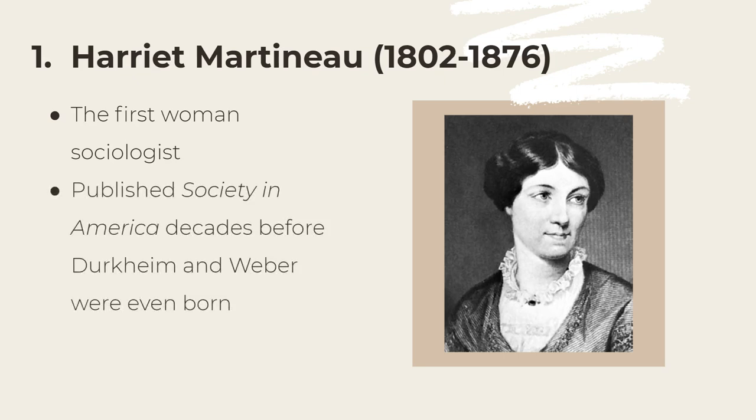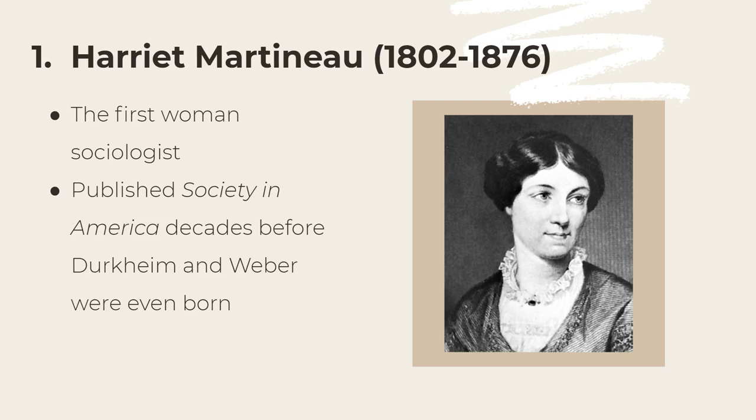She published Society in America way before Durkheim, the first sociology professor, and way before Weber was even born. So this work, Society in America, along with another very important contribution that she made, called Retrospect of Western Travel, were both considered the first systematic methodological international comparison of social institutions.